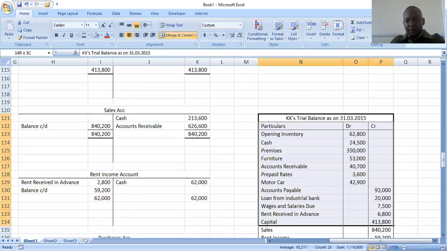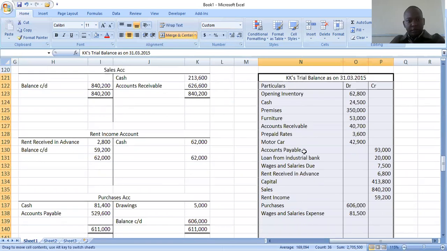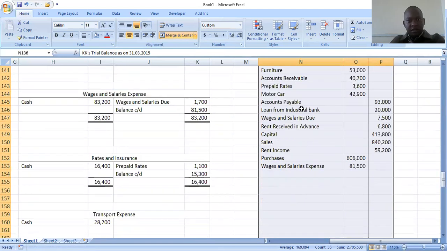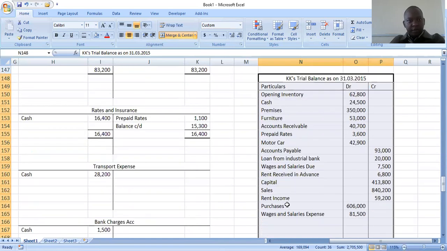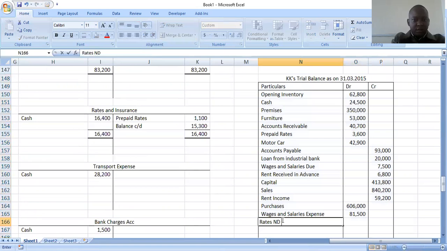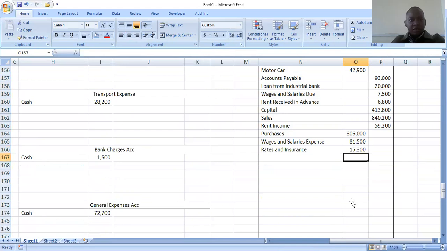Then we pull this down. So next we have rates and insurance, which is an expense. Expenses will always have a debit balance, so 15,300 for rates and insurance is okay.